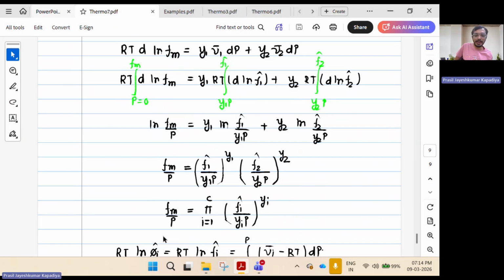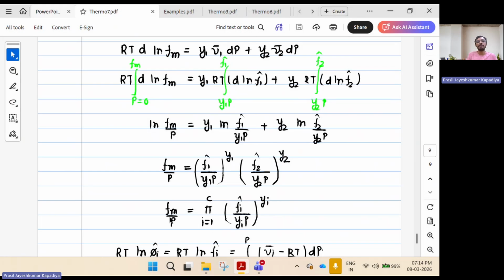So we are not getting that Fm is equal to summation yi fi, but we are getting that the fugacity of the component in the mixture is Fm by P equal to F1 cap by Y1 P raised to its concentration Y1, into F2 cap by Y2 into P raised to its concentration Y2. So in short, what can I write?